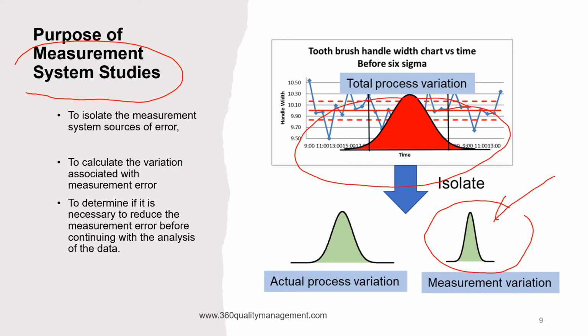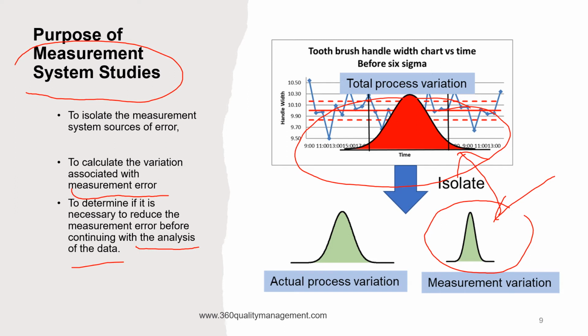There is a way to calculate the variation associated with the measurement error, and from the calculation, we will need to know whether action can be taken to reduce the measurement error if it is not fulfilling the acceptance criteria before we continue the analysis of the data, as we do not want this component to have too much influence on the measurement.